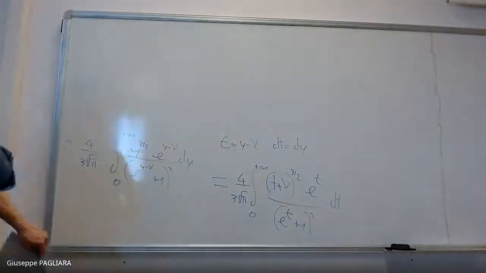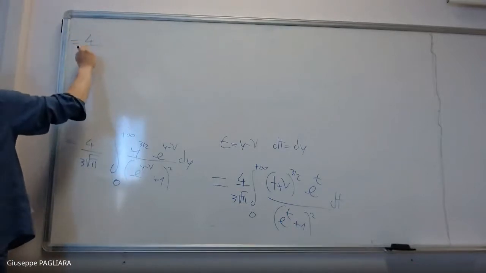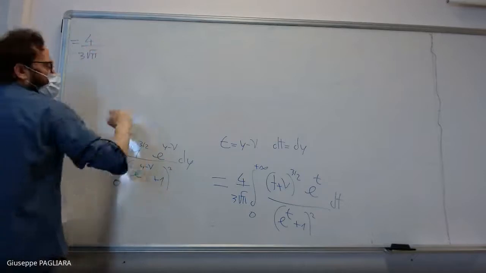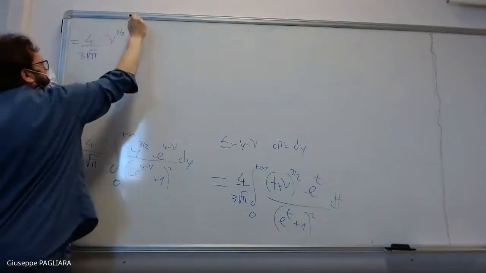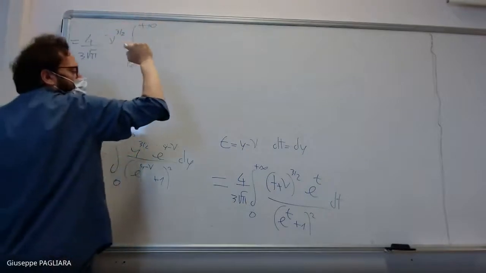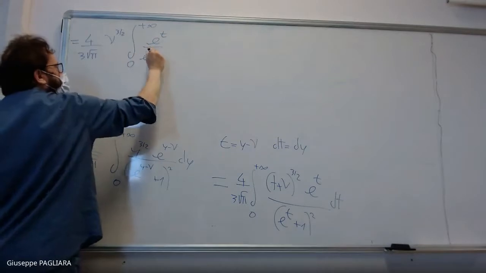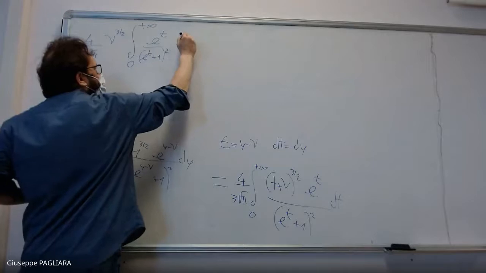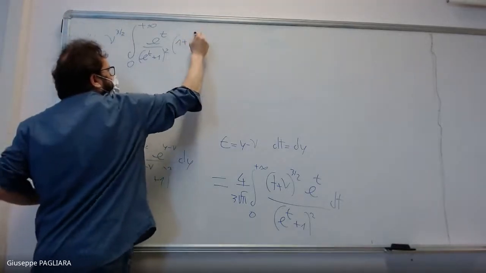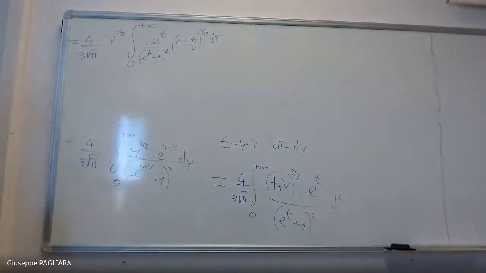So this can be written as 4 divided by 3 square root of pi, mu to the power of 3/2, then the integral from 0 to plus infinity of e to the t over e to the t plus 1 squared, and here I have 1 plus t divided by mu to the power of 3/2, dt. Let me check if this is correct.